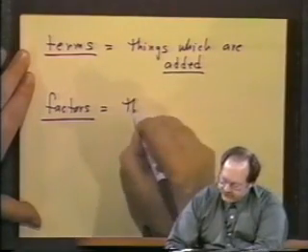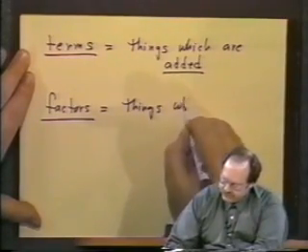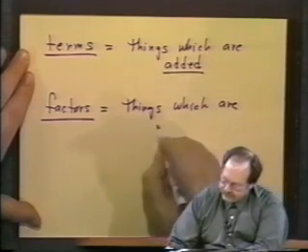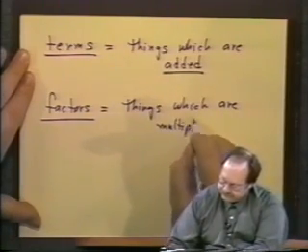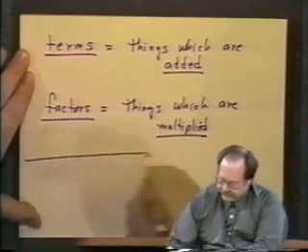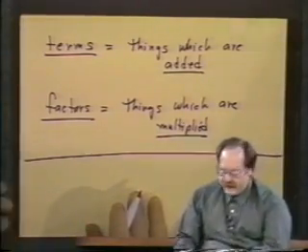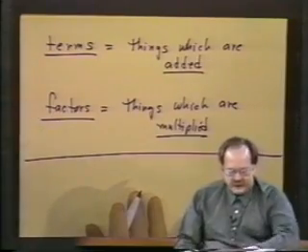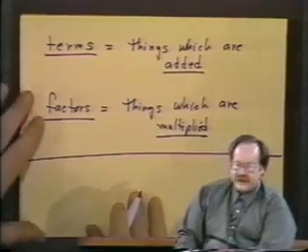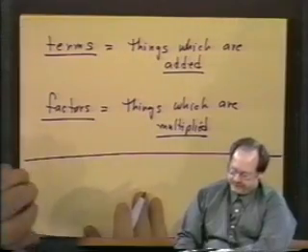And factors are things which are multiplied. That's it. That's all there is to it. Use the words correctly, as you would in any language, and you'll be better off because people will understand you and you will understand what it is you've written.